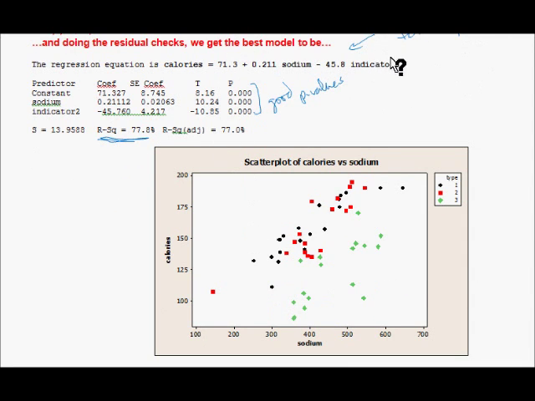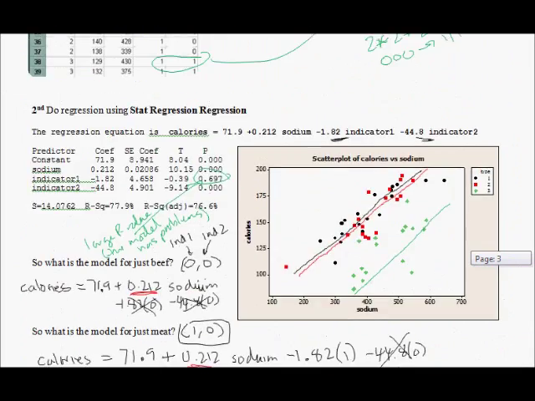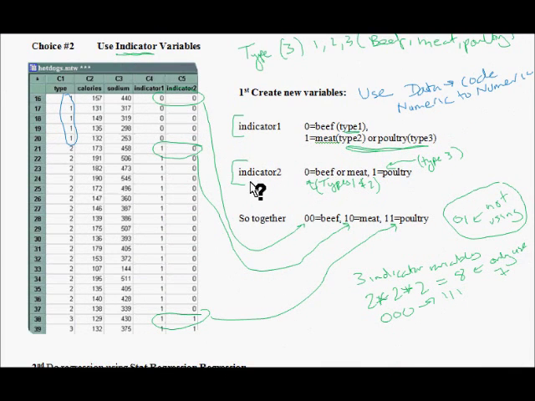Well, what's indicator 2? Remember what indicator 2 does? Let's go back up and check. So scrolling back up to the indicators. Indicator 2 was breaking beef and meat up from poultry. Beef and meat was 0, poultry was 1.